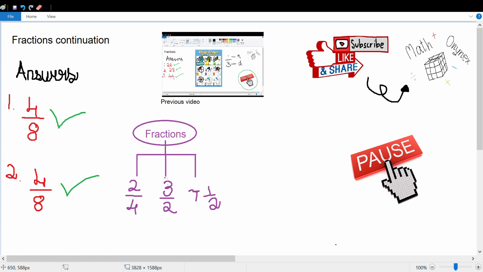Here it's just the opposite. The 3 is bigger, the numerator is bigger than the denominator. So an improper fraction is one where the numerator is bigger than the denominator. The proper fraction has a numerator smaller than the denominator. And mixed fraction is a completely different topic.